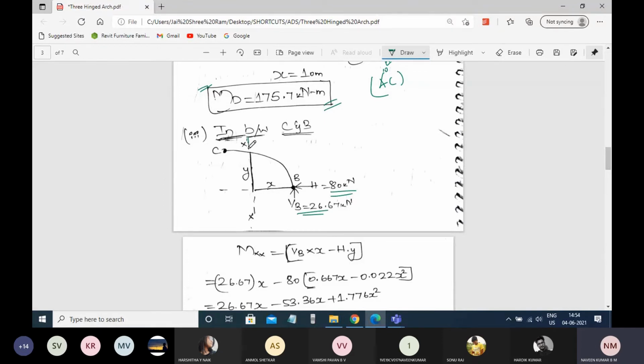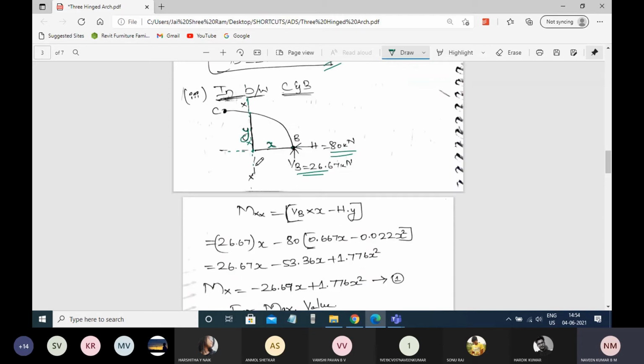This is the section that I have considered, and the distance of this section is X, and from the datum line to the arch portion, that is considered as y, or yx. You can denote it as yx, that will be better. So y suffix x, understood.